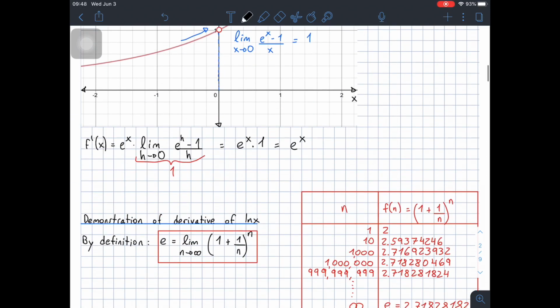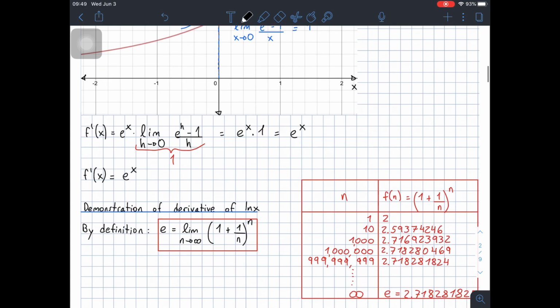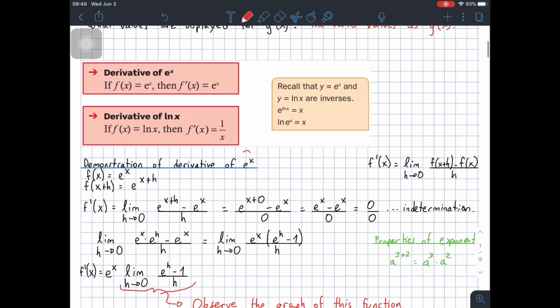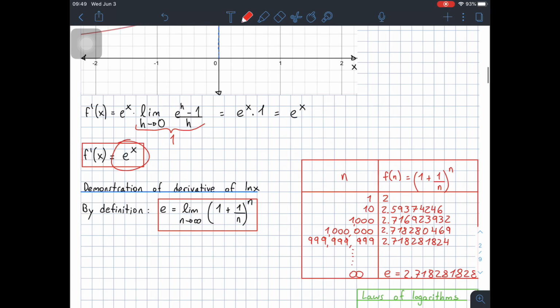So f prime of x finally is equal to what we got here, e to the power of x. So this is how we demonstrate that the derivative function of e to the power of x, which is what we were doing from the beginning, is actually e to the power of x. It's the same function, okay? So that's the demonstration for this.